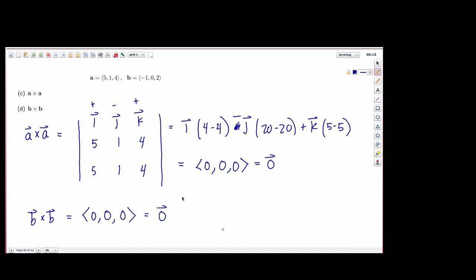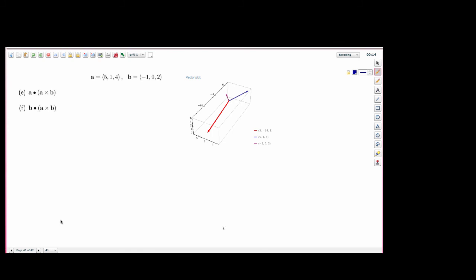So when you say A cross A equals 0, make sure to emphasize that you mean the zero vector, not the number 0. So either write 0 with the hat over it or write out the components 0, 0, 0. And again, do B cross B as an exercise for yourself to check. Okay, so let's do another one.